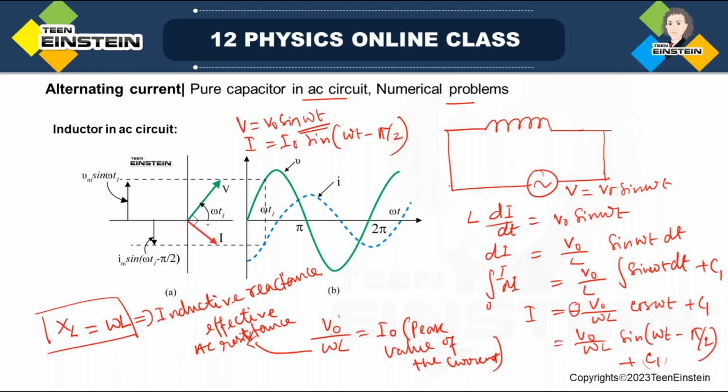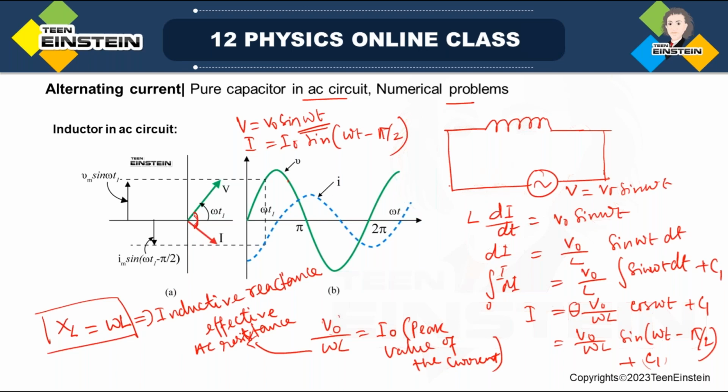And see in the phasor diagram, we see the voltage is pi by 2 ahead of the current, right? So there is a pi by 2 phase difference between the source voltage and the current in the circuit.